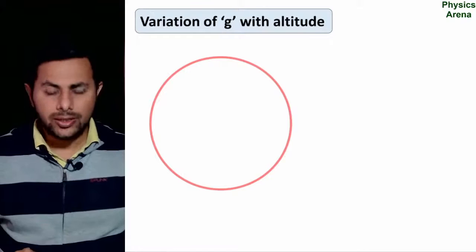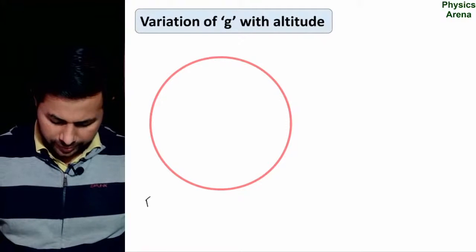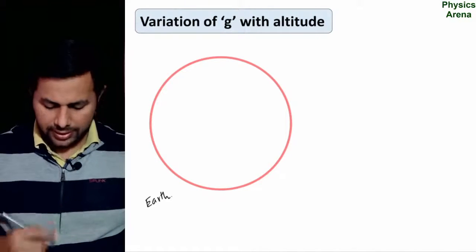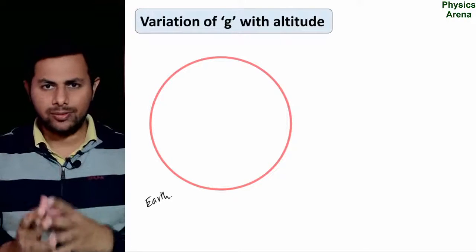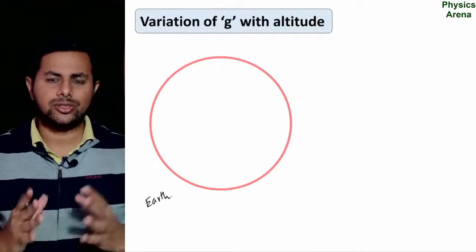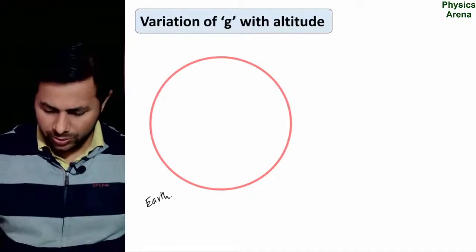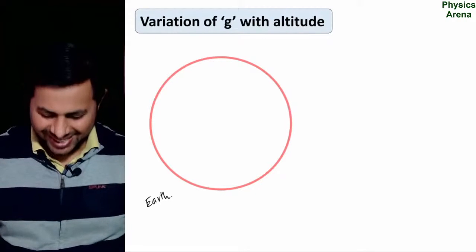So this is our Earth, and we know that Earth rotates about itself. The period of rotation is 24 hours, and due to that rotation we have days and nights.